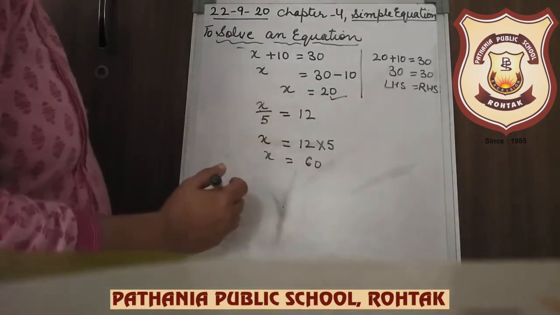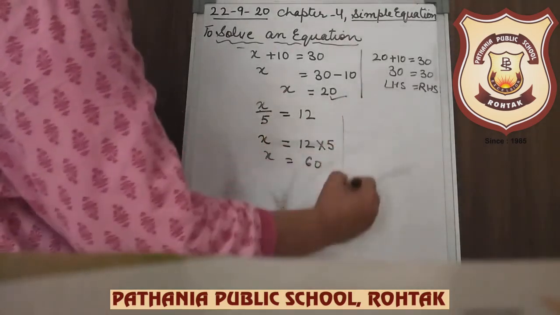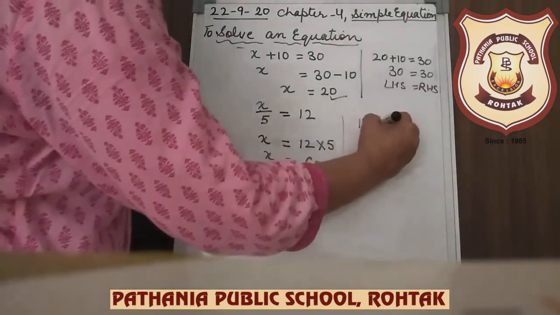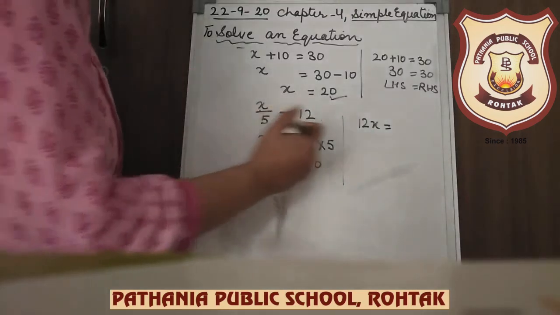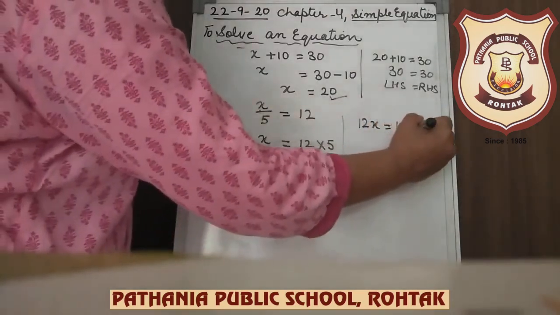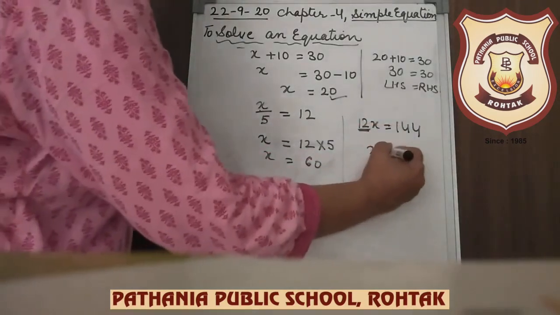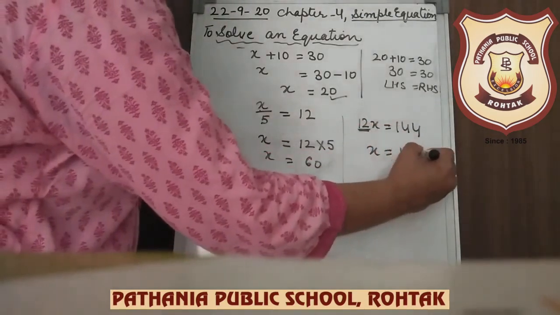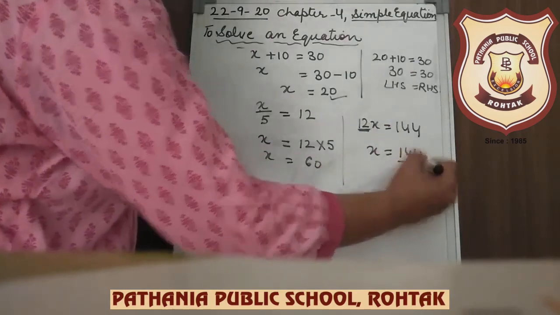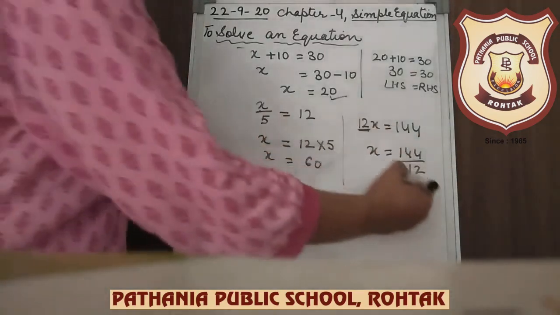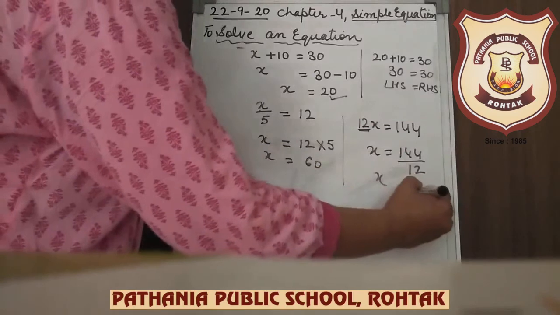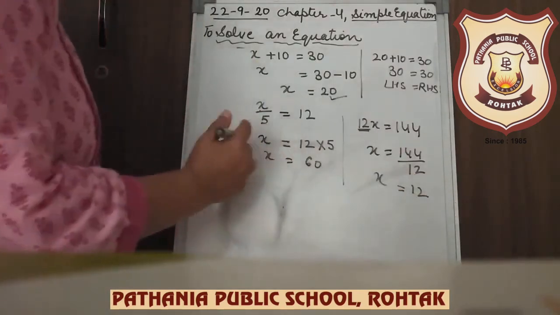And if I write another example, 12x is equal to 144. Here 12 is multiplied, so it will go and divide on the right hand side. So again my answer comes out to be 12. And how to do the check?